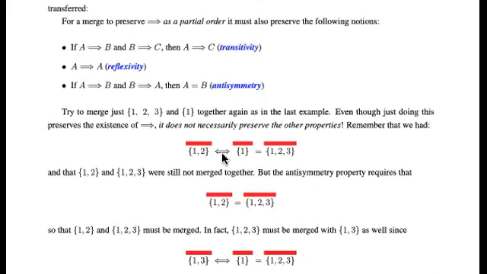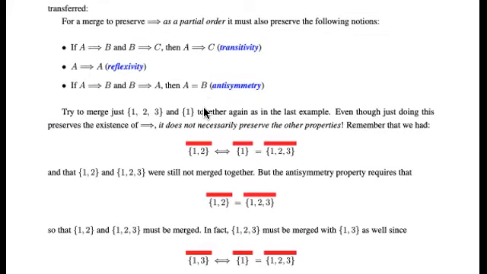Okay, so here's the example that I'm giving you. Remember that we have an arrow relationship this way and this way, but we're also saying that they're two distinct things. That's the reason why anti-symmetry fails in that case.